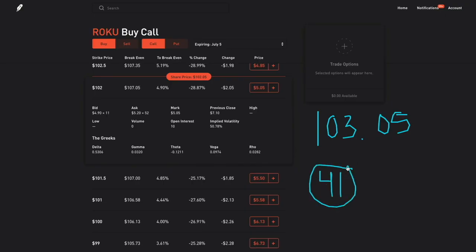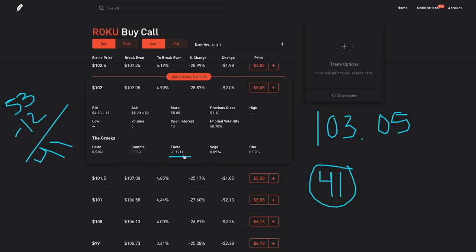I multiplied delta by 100, which gave me $53, but then because I held overnight, I had to multiply theta by 100 as well, which gives me negative $12, which equals $41. So really, if the stock had moved up to 103.05 the next day, I've already lost $12 through theta. Therefore, I actually only net a profit of $41.